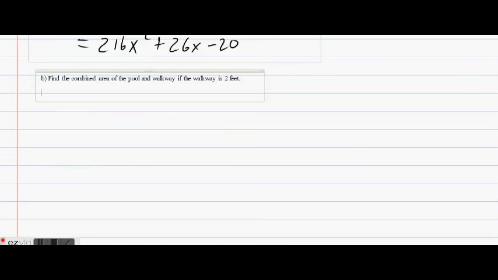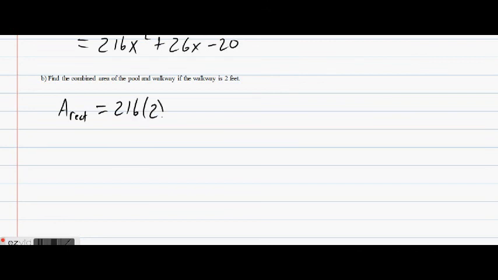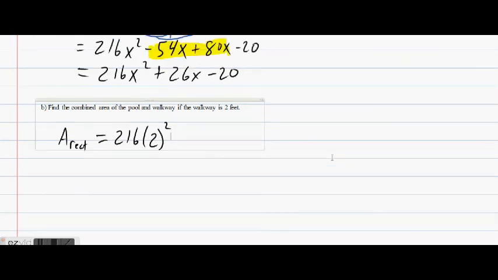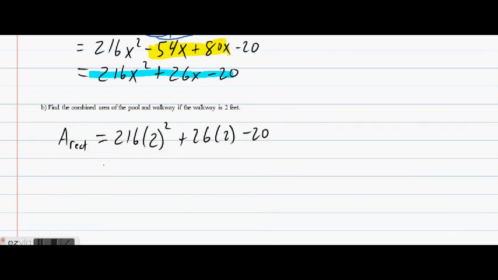Alright, so we're going to say the area of this combined region is 216 times 2 squared plus 26 times 2 minus 20. Let me scroll up a little bit so you can still see. Now you can grab your calculator and plug that whole thing in.